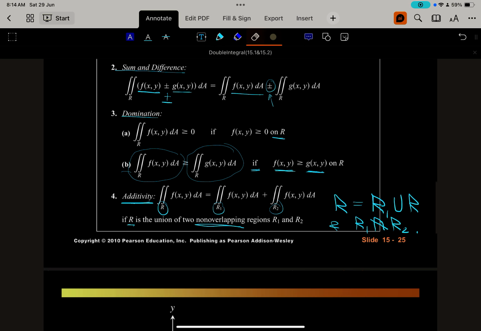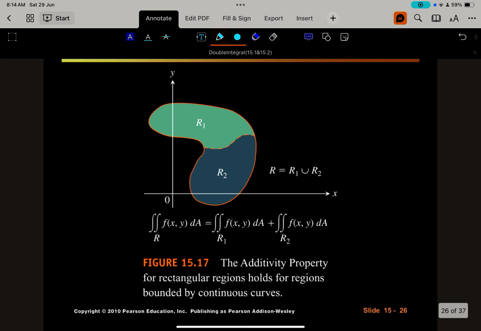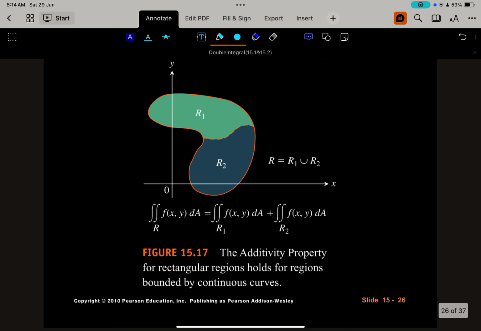Okay, so for this to apply, let's rewrite it. R is the union of R1 and R2, and R1 does not intersect R2. Okay, which can be illustrated here in this photo. So we have here R is the union, so it's basically R1 plus R2.